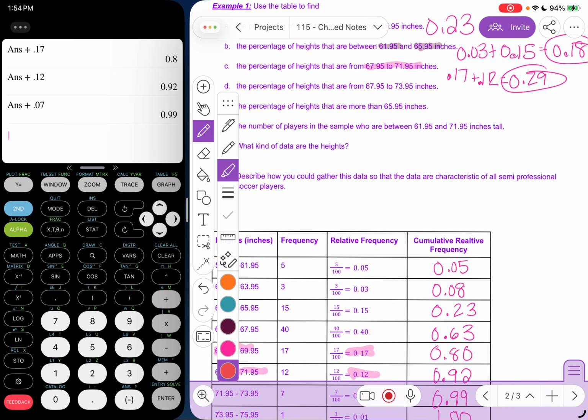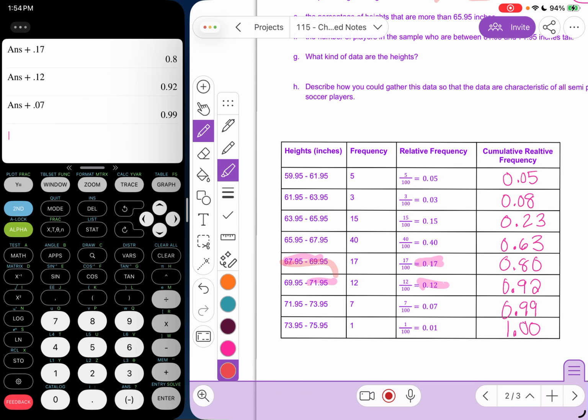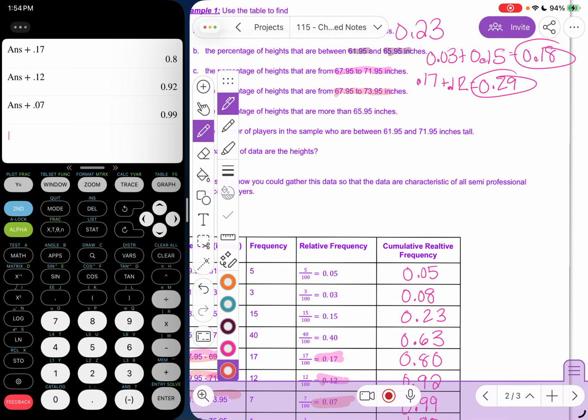Good. So we do the next one. 67 to 73. So that's going to add one more to that. So 17, 12, and 7 would be 29 plus 7 is 36.